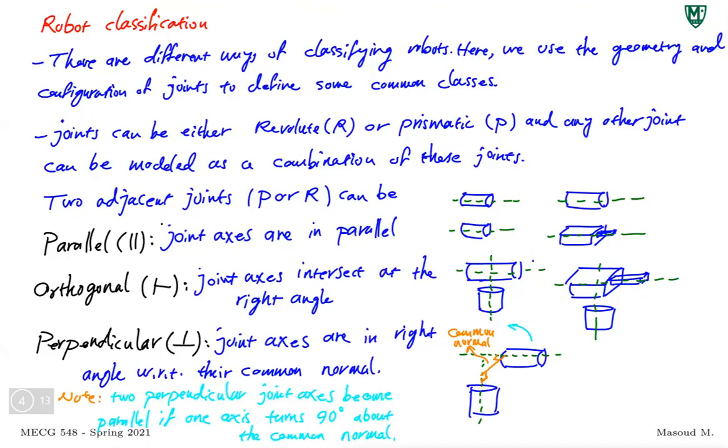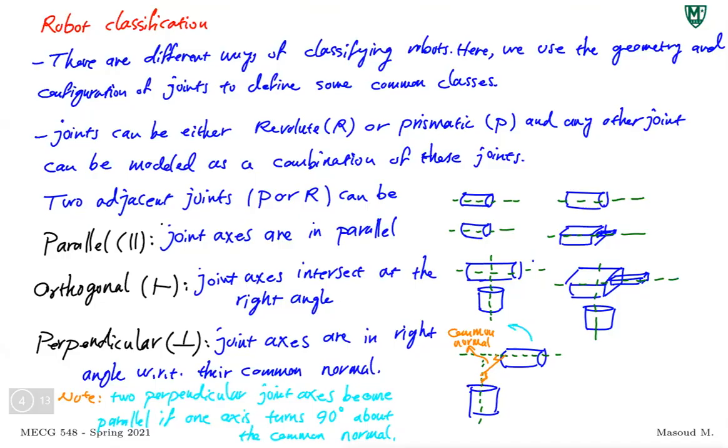Now, I introduced them using parallel and orthogonal, but remember, in so many setups in industrial robots, you will see that orthogonal and perpendicular are interchangeable, because the axes turn out to be in different planes while they still create 90 degrees, like they're perpendicular. So if they are like this, these two axes, there's usually a gap between them.